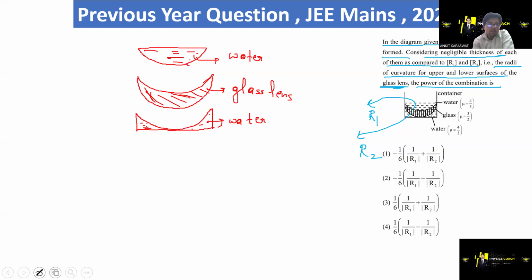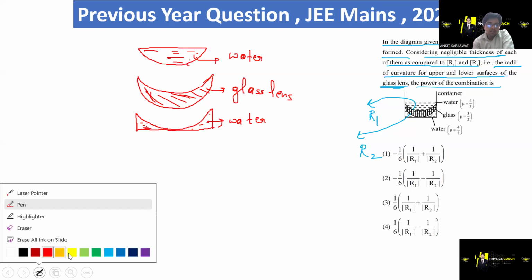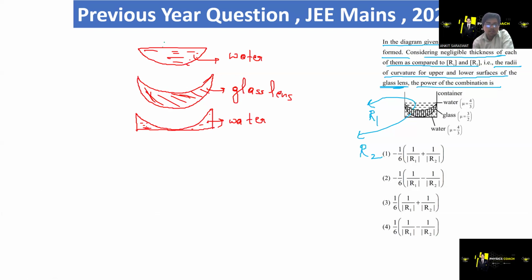Clear? Now this is R1, not R1. It's infinity plane now. This is R1, and this is R2. Clear? Simply, we will add all the powers.